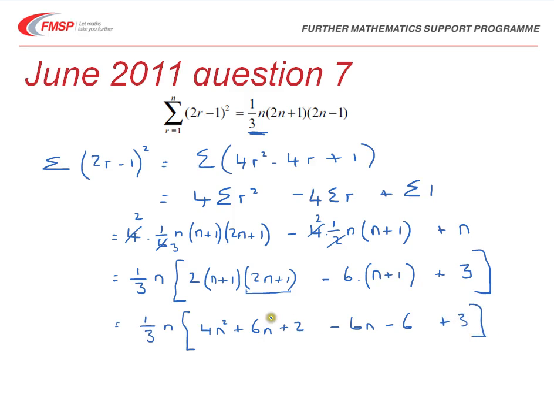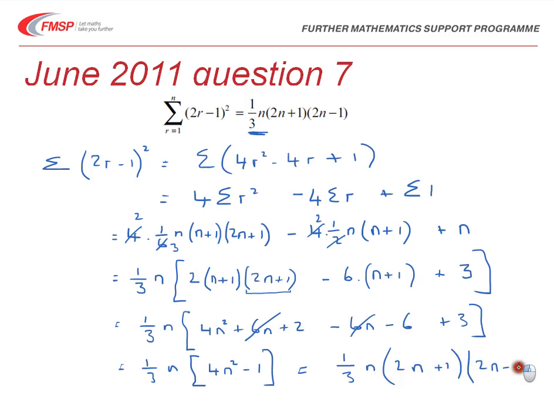And if we now check what we've got, well, we've got minus 6n and plus 6n. So if you check then the totals, we've got 2 and 3 giving 5 and minus 6. So that's 4n squared minus 1. So 1/3 n brackets 4n squared minus 1. But of course that's not the expression we were asked to give. We've got to realise that the square bracket is the difference of two squares to get 1/3 n and then (2n plus 1)(2n minus 1).